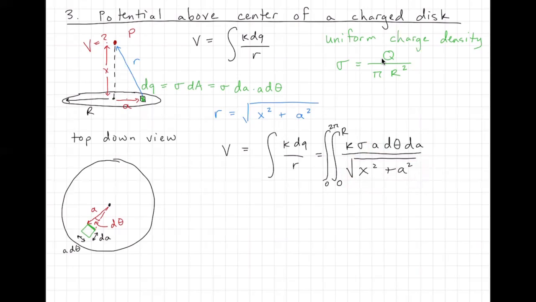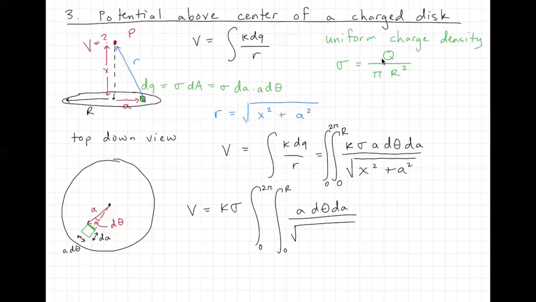If I pull out a bunch of constant stuff, the k and the sigma are constant, and I'll write V as k sigma, and then I've got two integrals, 0 to 2 pi, and 0 to big R of a d theta dA over square root x squared plus a squared.